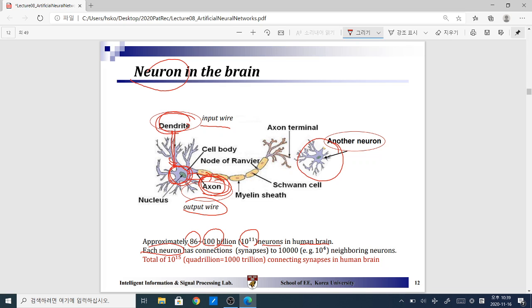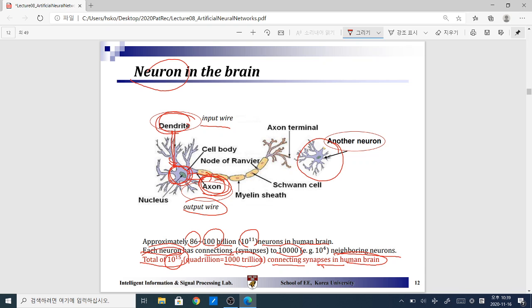Each neuron has connections to about 10,000 neighboring neurons. So this means that we have a total of 10 to the 15th connecting synapses in the human brain. Now 10 to the 15 is like 1,000 trillion.